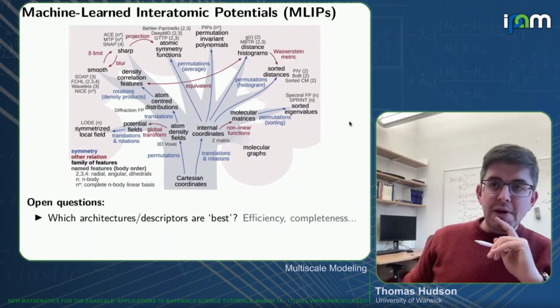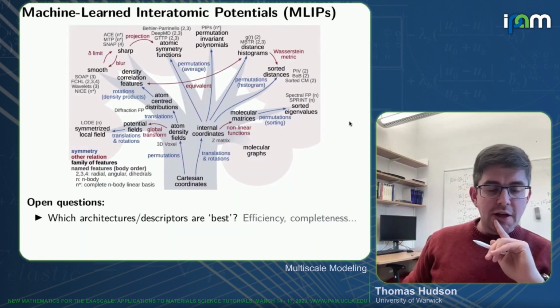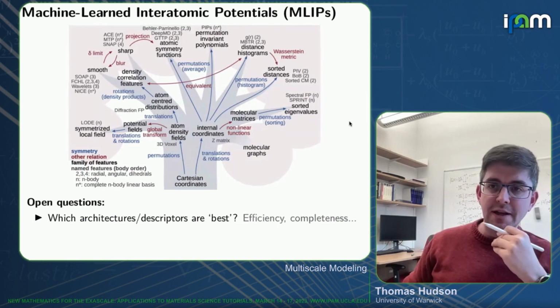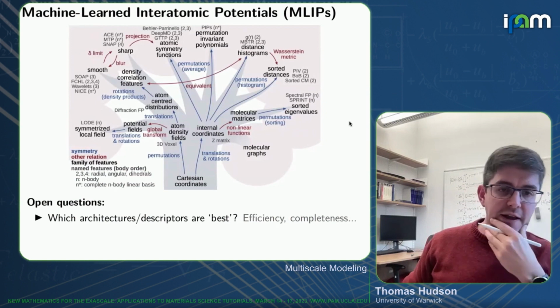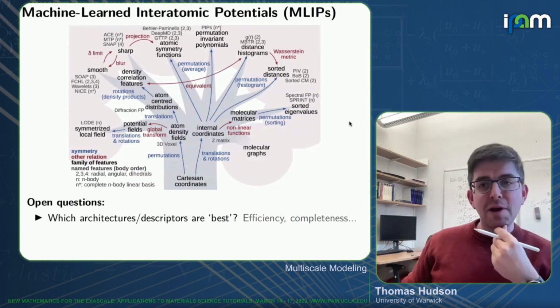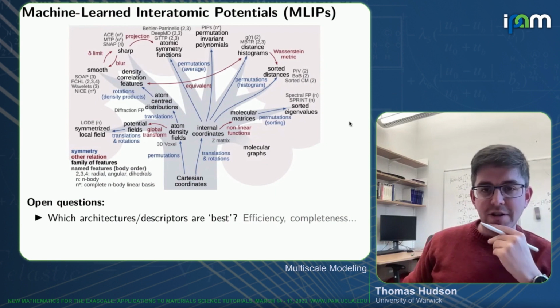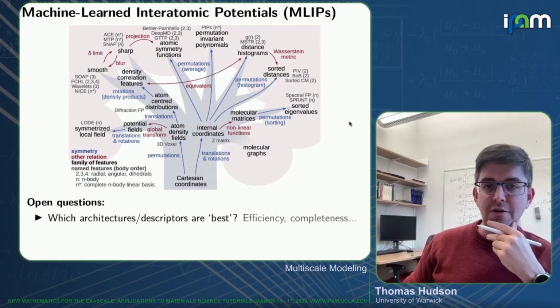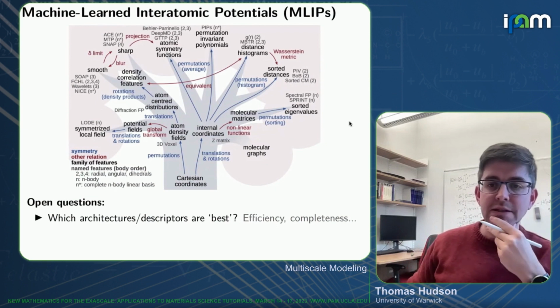So maybe to wrap up this section of my talk, I've tried to give some open questions that I think are relevant in each of the areas that I'm going to talk about. In this area, this is maybe a question that doesn't have a definitive answer, but there's a question about which architectures or descriptors are the most efficient in this space.